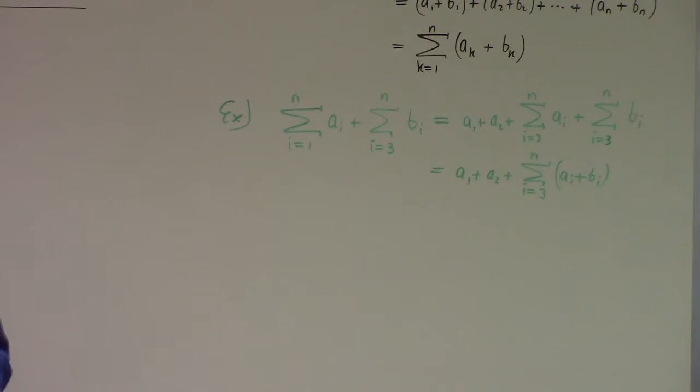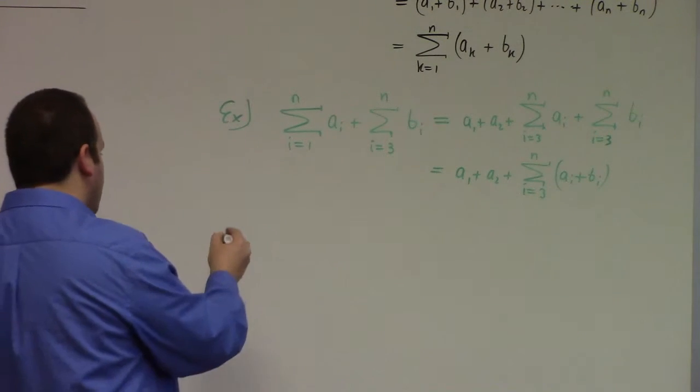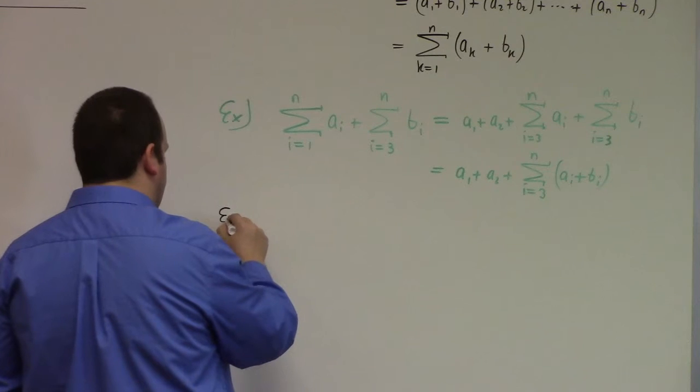All right. Now the other sort of thing you might be asked, right, is to find a formula for something that's already written as some sort of patterned sum. So let's look at one of those. I'll do 2 examples.